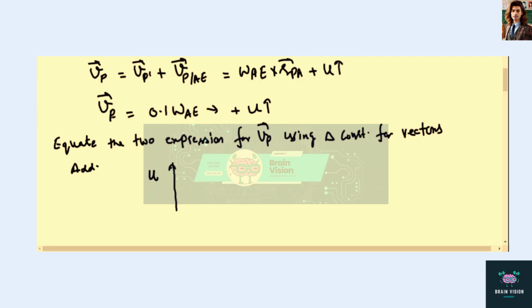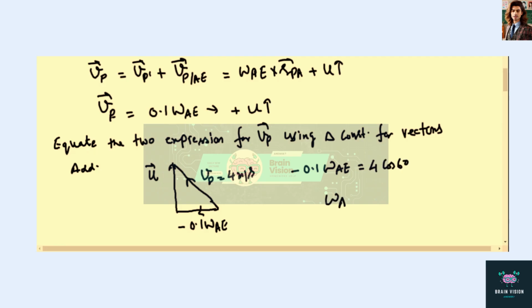This is U vector. This is BP vector. And this is minus 0.1 omega AE, that is 4 meter per second. So we can write minus 0.1 omega AE is equal to 4 cos of 60.